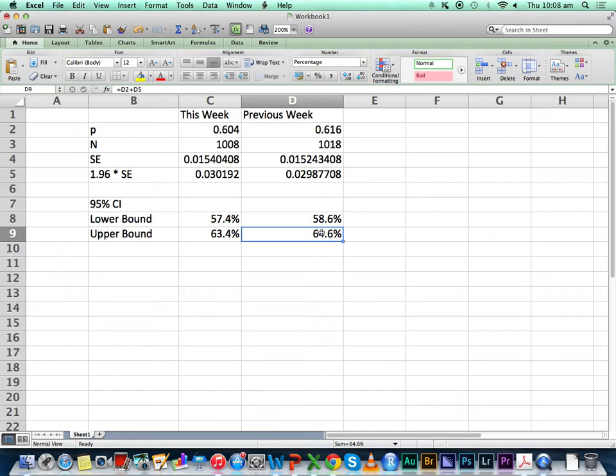But in a situation where you get confidence intervals like this, with no overlap between these two confidence intervals, you can say that the change is significant.